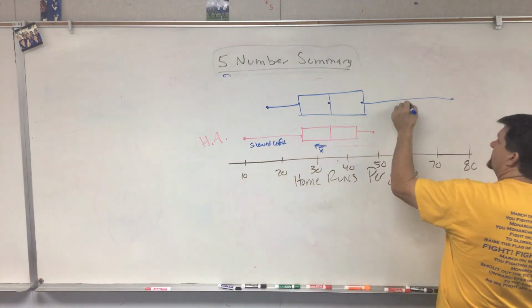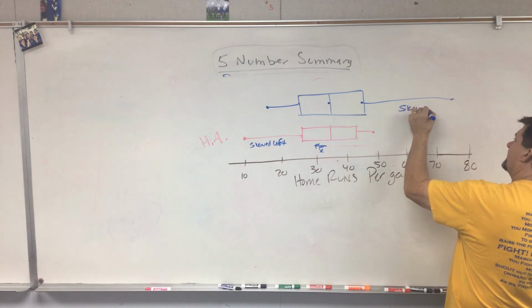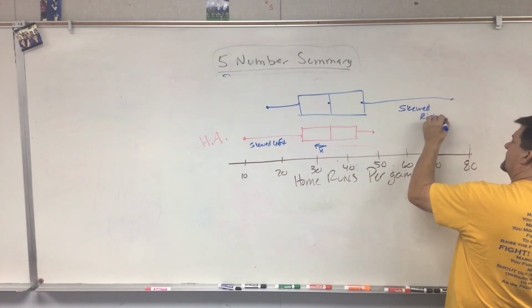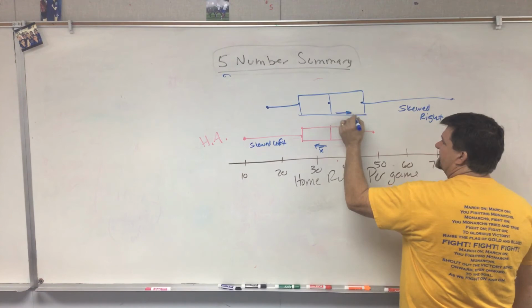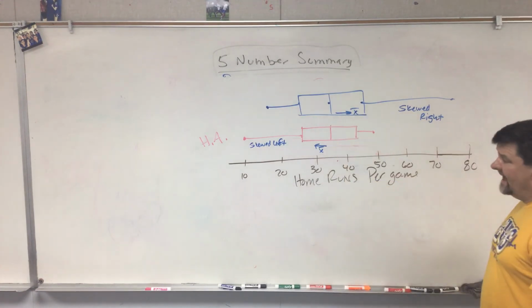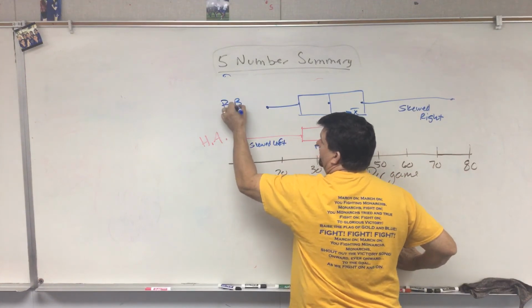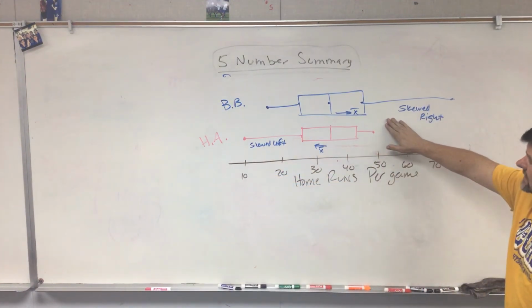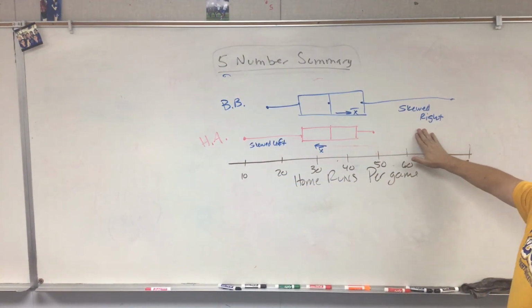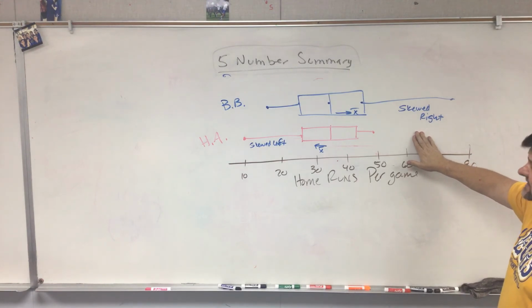And this one is skewed right, so X bar went this way. So on average, we're going to say Barry Bonds hits more home runs on average in the season.